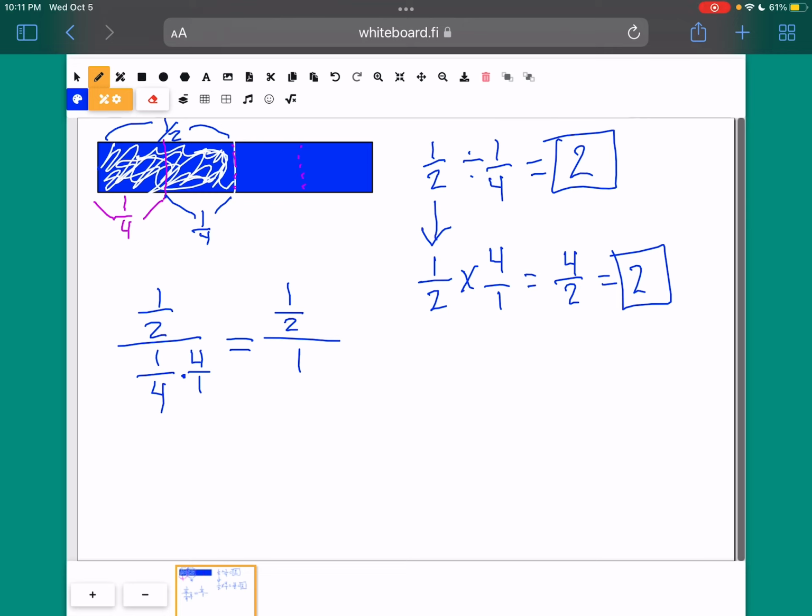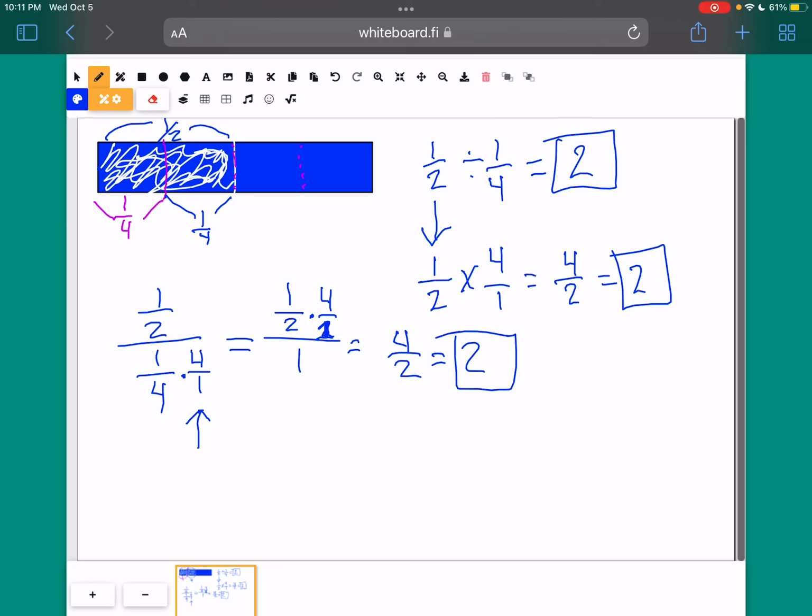But I can't leave this just having multiplied the denominator by the reciprocal. I have to multiply the numerator by the reciprocal too. Okay, and oops, that's a 1, not a 2. Getting ahead of myself. All right, and when I do that, my new problem is 4 halves, which is 2. All right, so that's how it works. Any way you slice it.